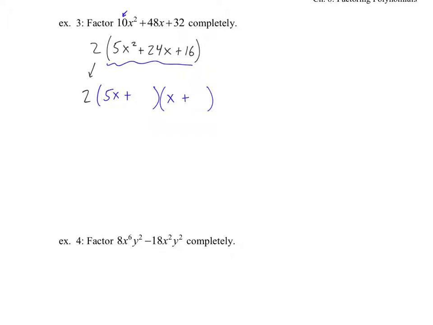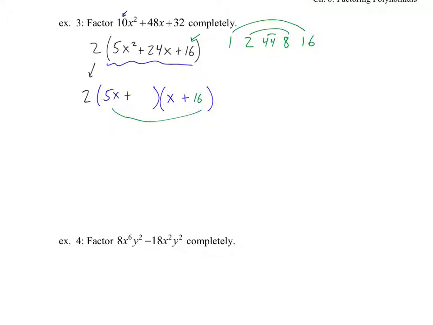All right, so my plus 16, I'm looking at that 16 there. I could have a 1 and a 16. I could have a 2 and an 8, or I could have a 4 and a 4. Well, for those, where could I put those numbers and get that plus 24x? I am going to start with a 4 and the 4, I think. And kind of what I was thinking is, well, if I put a 16 here, that's going to give me something way bigger than 24.